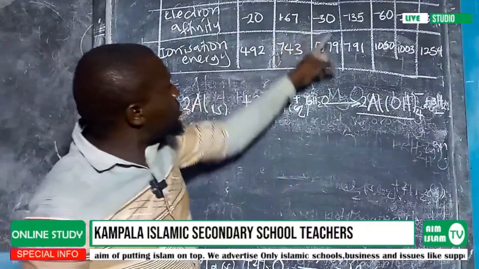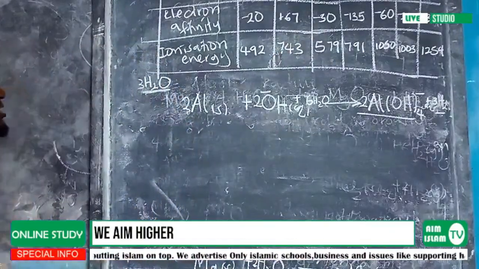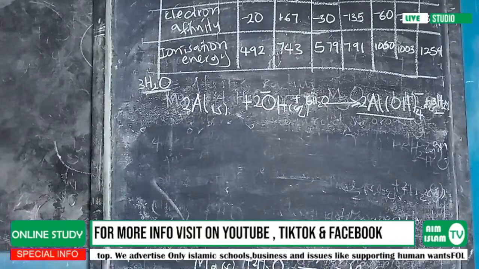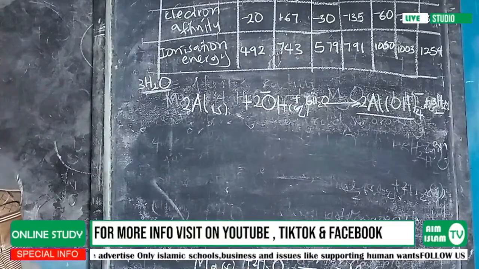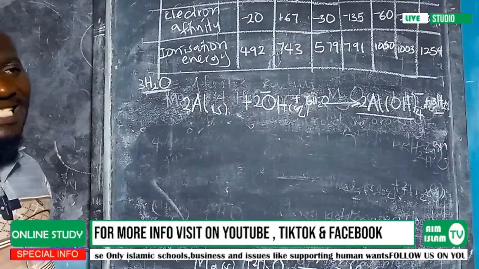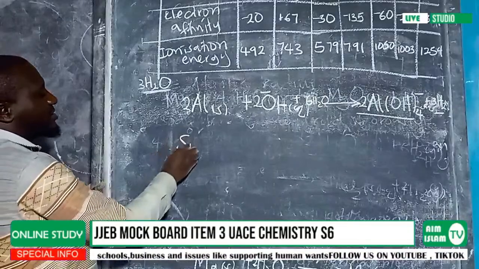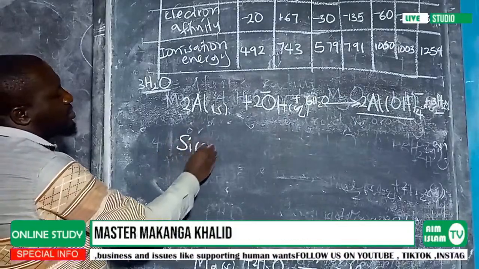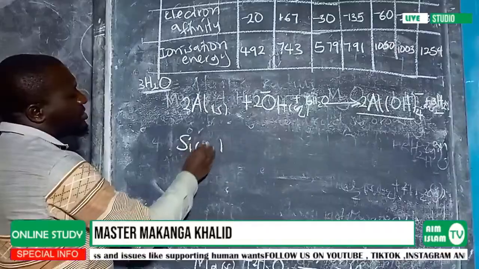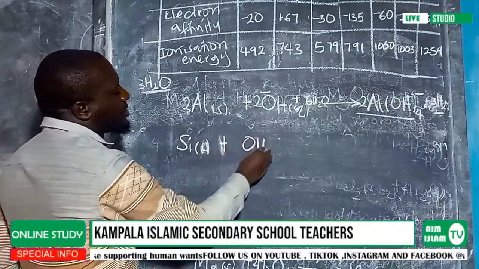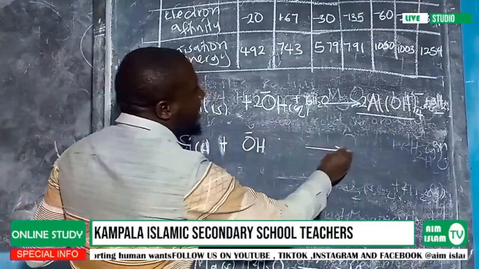Then with silicon, silicon reacts also with the concentrated alkali, forming silicate. It reacts with the concentrated alkali forming a silicate.